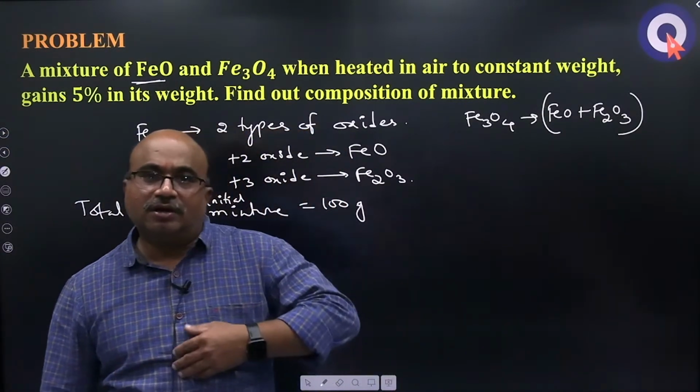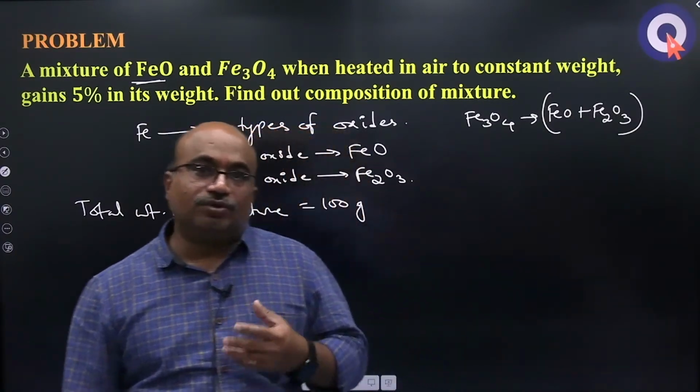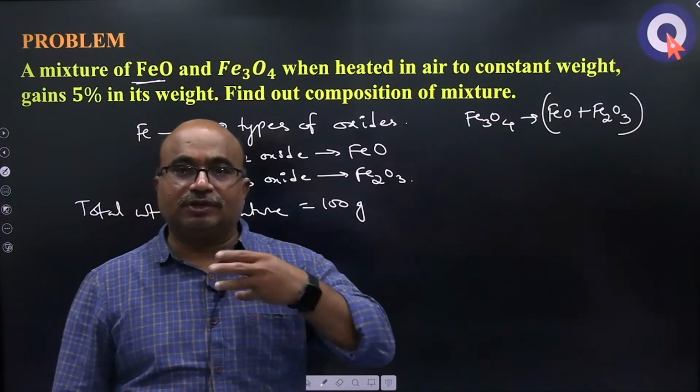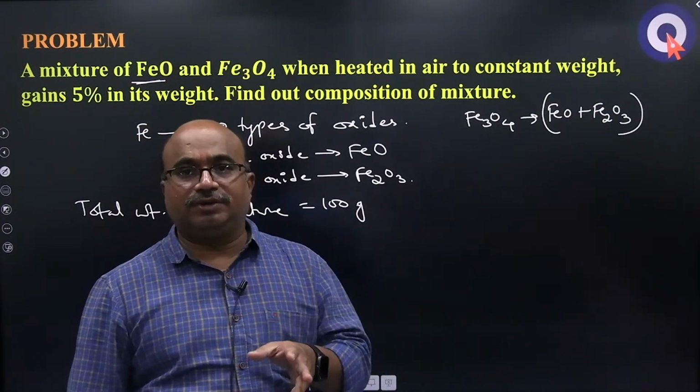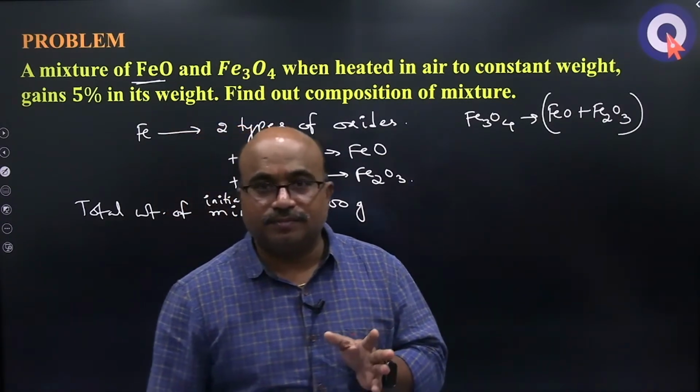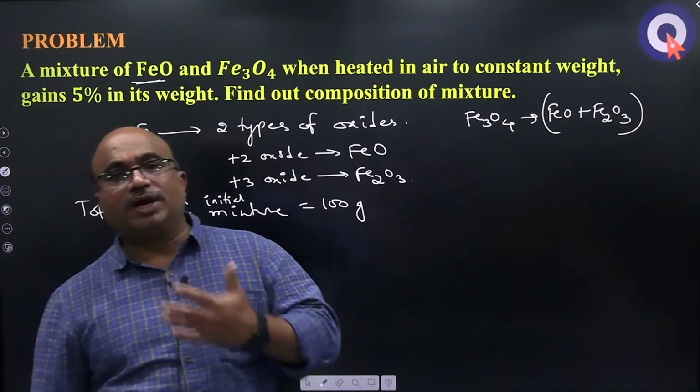Because we have to calculate composition and say percentages, we usually take some fixed quantity, and you had better take 100. You can take 1, you can take 2, you can take any quantity.